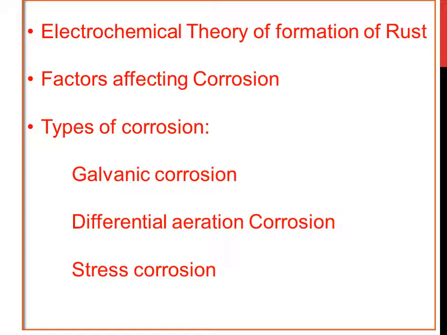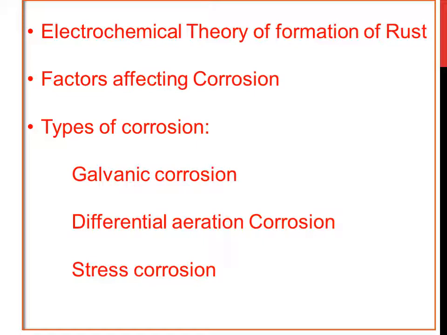The liberated electrons migrate towards the cathodic area and result in other reactions, maybe the reduction of oxygen to hydroxyl ion or the liberation of hydrogen gas. Finally, the formed ferrous ions combine with the hydroxyl ion to form ferrous hydroxide, and further oxidation of ferrous hydroxide in the presence of oxygen forms the rust, which is nothing but hydrated ferric oxide.